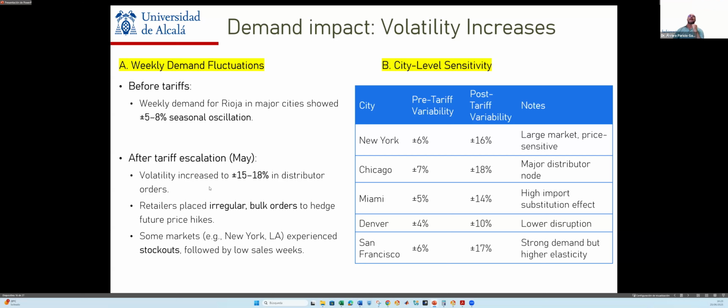One is the increasing up and down volatility, so variance in the demand is really important, rising to 15 to 18% in distributor orders globally. But we also need to understand that depending on the customer area, the volatility is going to differ. So our simulation tool will need to have all this.